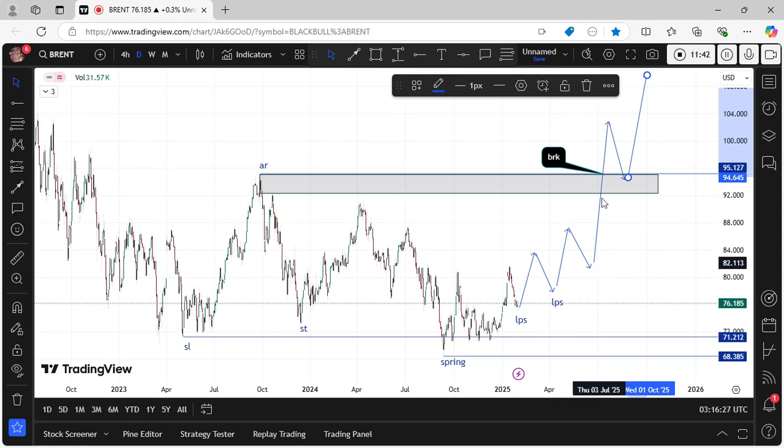Then when price breaks out, you are not to enter at a breakout, because it's a law in trading that 80% of breakouts fail. Please, you have to get this. 80% of breakouts fail, and only 20% are valid. What do I mean by that?